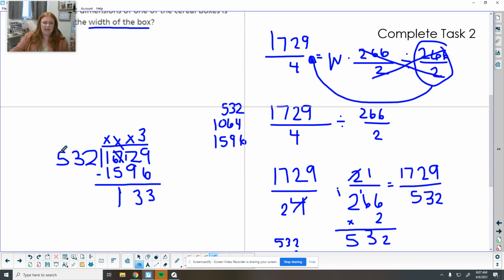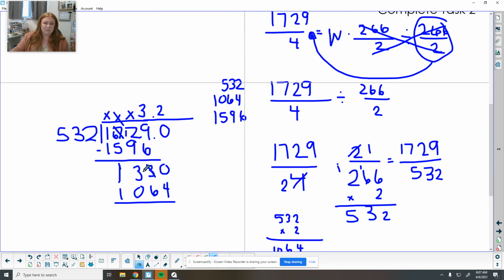And so let's see what happens if we add on a decimal, if we can get it to a nice even number. If it doesn't, then we can just go ahead and put it back as a fraction. But I think we'll have to do some simplifying here. So I'm going to drop this down so I can see that's too big. So it goes in there 2 times, which is 1064.